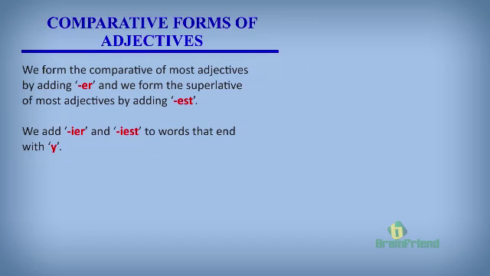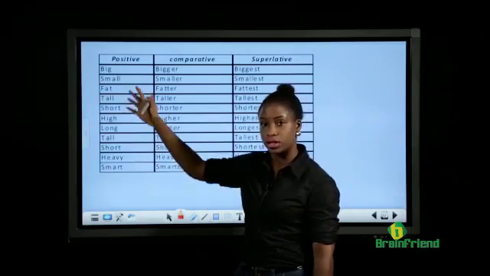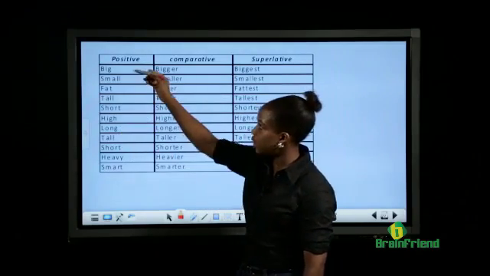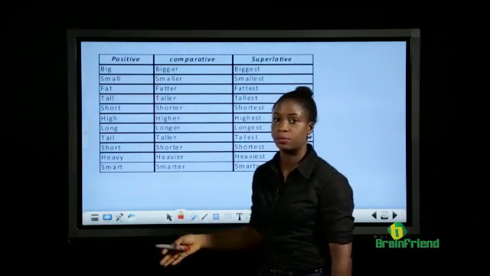We form the comparative form of an adjective by adding er to the word, and we form the superlative form of the adjective by adding est. Let's look at that. Take a look at this table. We have some adjectives here. These words are used in describing nouns: big, small, fat, tall, short, and the rest of them.